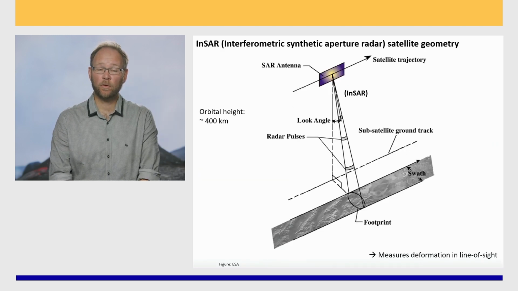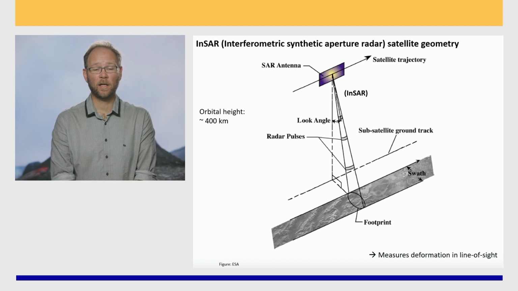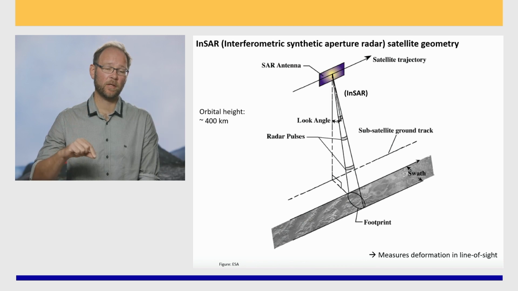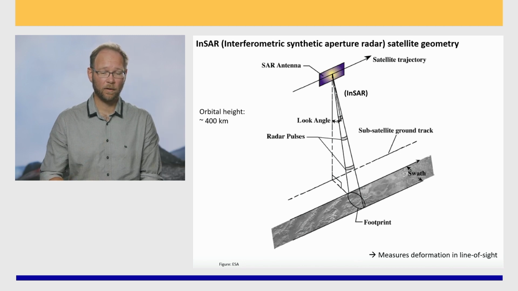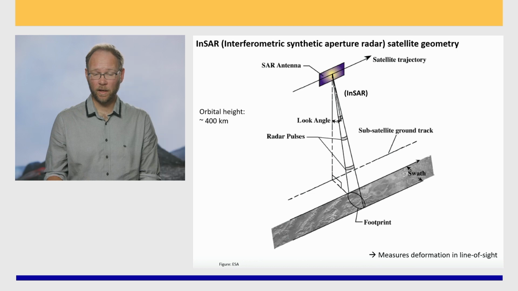The principal geometry is that these satellites are flying at maybe 400 kilometers height. They are on a so-called polar orbit, so they orbit the poles of the Earth. They broadcast the radar signal, usually looking to the right as they're flying along their path, and receive it under some particular look angle.